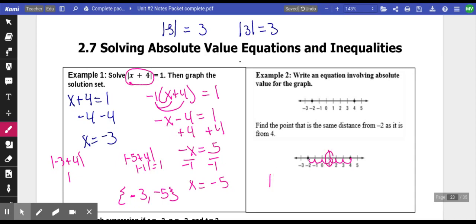So I'm going to say the absolute value of x minus 1 equals 3. And it's 3 because it's 3 jumps away. So it's always the absolute value of x minus the middle, close the absolute value, equals the distance.